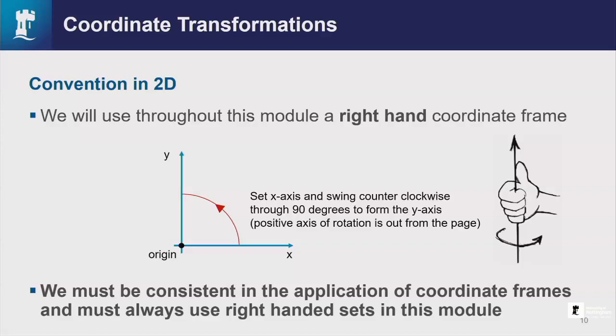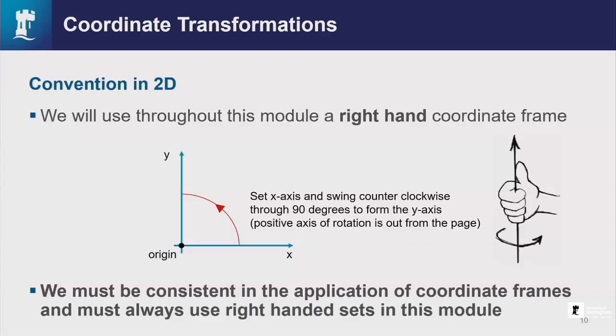So for rotation, the right-hand rule is: right hand, place your thumb upwards, and curl your fingers around your thumb, and the motion of curling your fingers defines the positive direction of rotation. So, axis of rotation, right hand, thumb along the axis of rotation, curl your fingers, that is the positive direction of rotation.